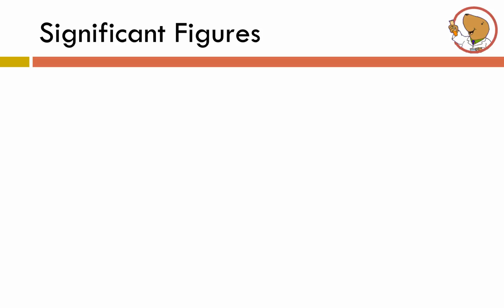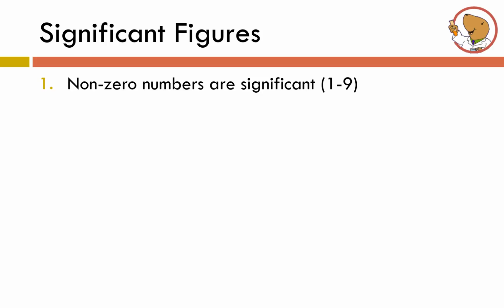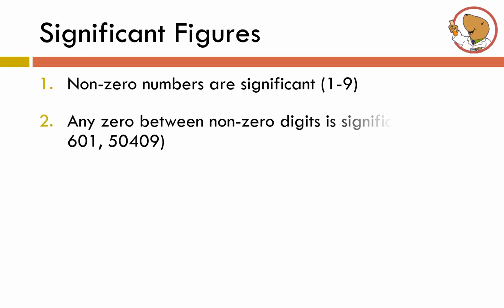Significant figures is something that tends to give new chemists a whole lot of difficulty, but it's really not so bad. It turns out there's just a handful of rules that we have to be familiar with. Anytime you take a measurement and you end up with a non-zero number, that is considered a significant digit. So the numbers 1 through 9 are significant.